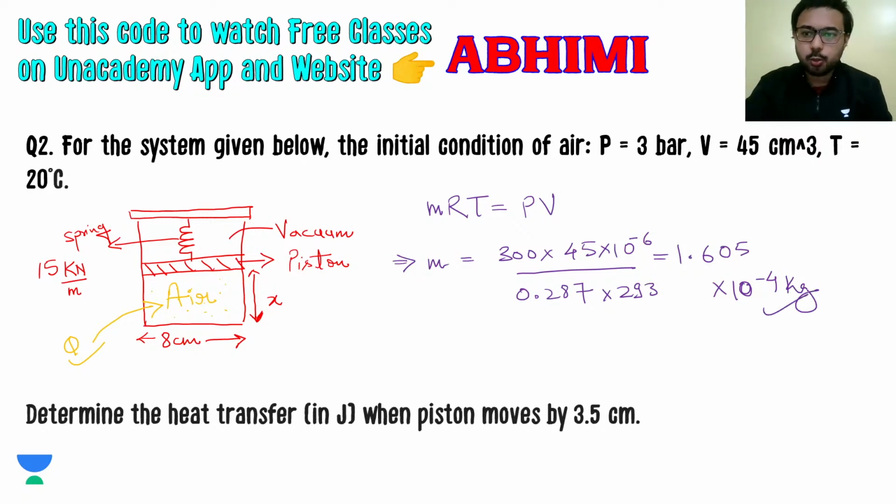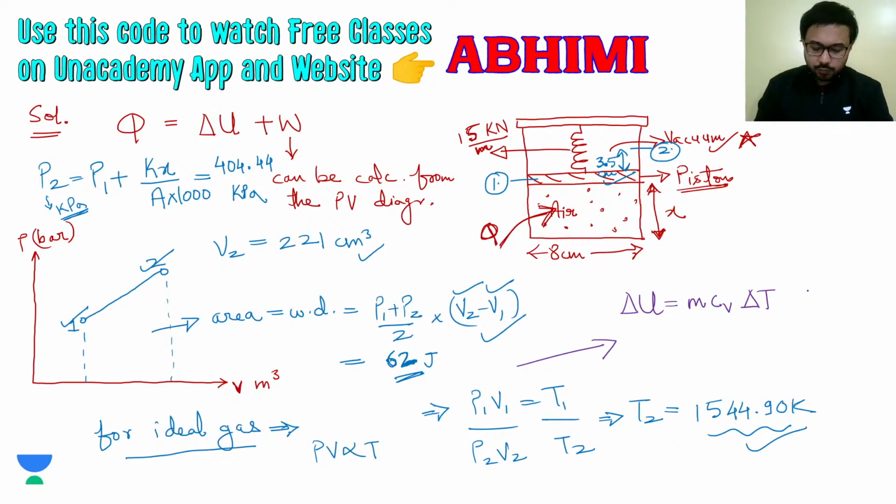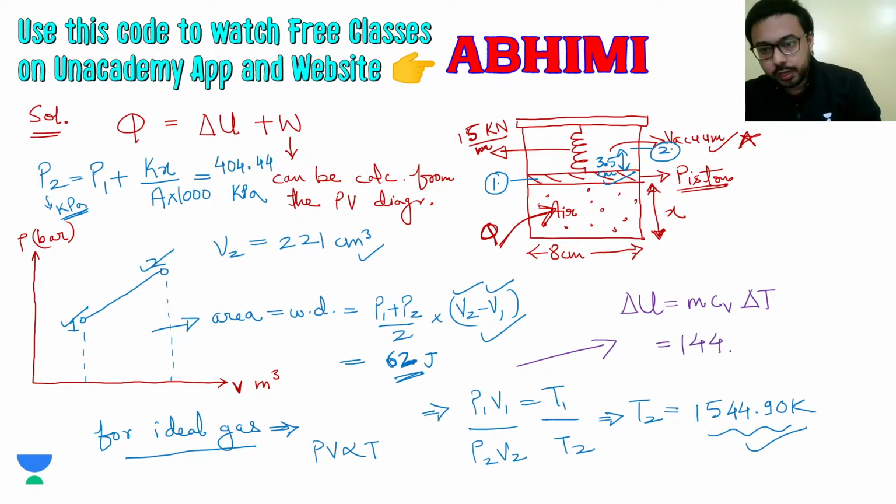So this mass, when you multiply this with Cv, which is 718 for air in joule per kg Kelvin, and when you multiply this whole thing with this change in temperature, you will get the change in internal energy as 144.30, units are joule.